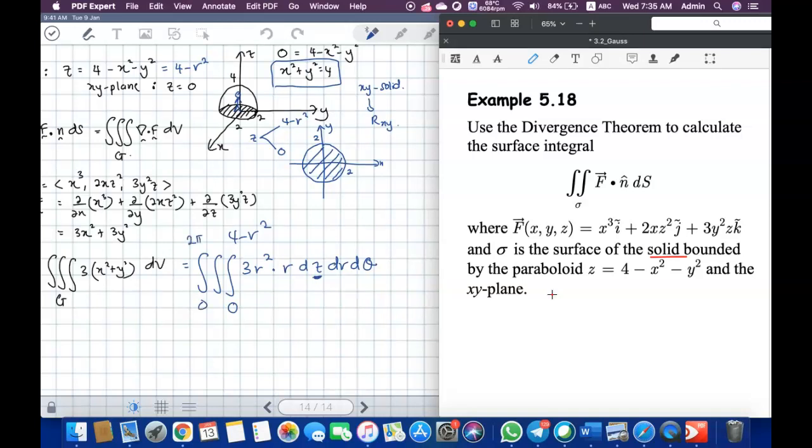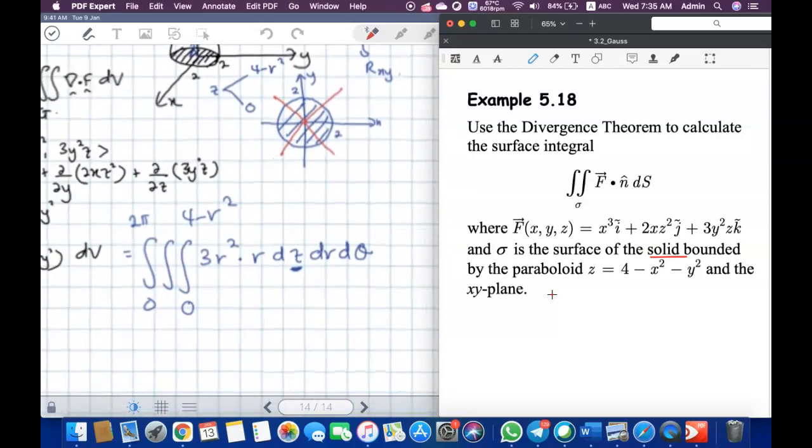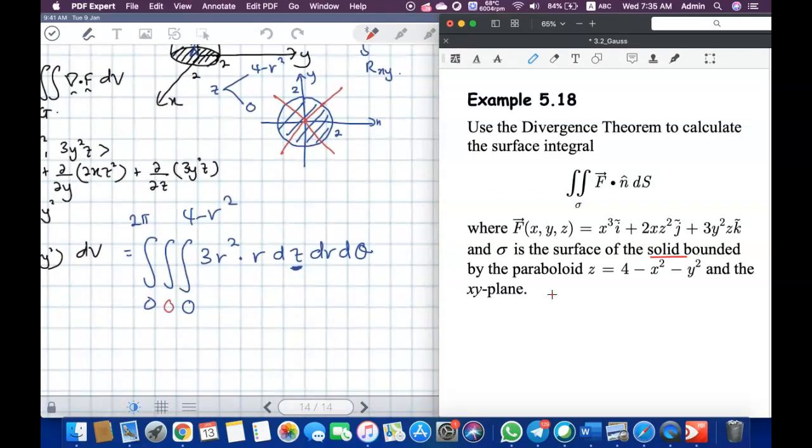And r, for those who have forgotten: draw a line starting at the origin and passing through the region. All of them start from r equal to 0 and end on the same circle, r equal to 2.